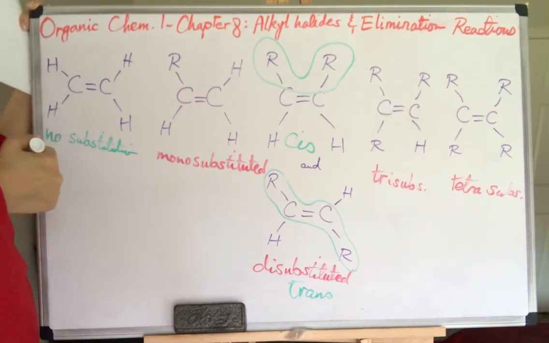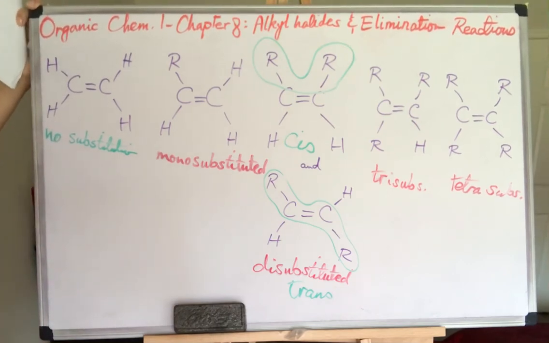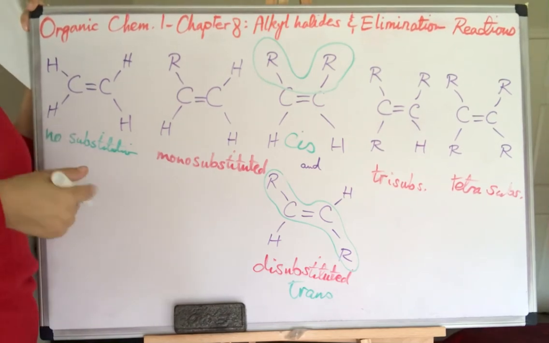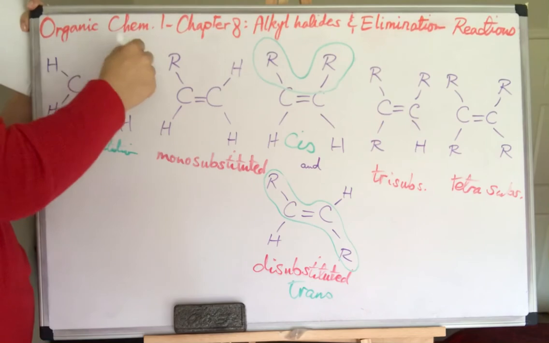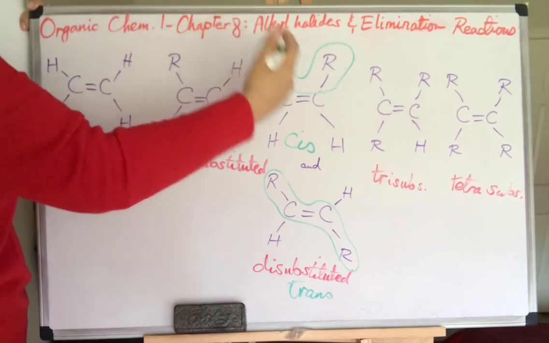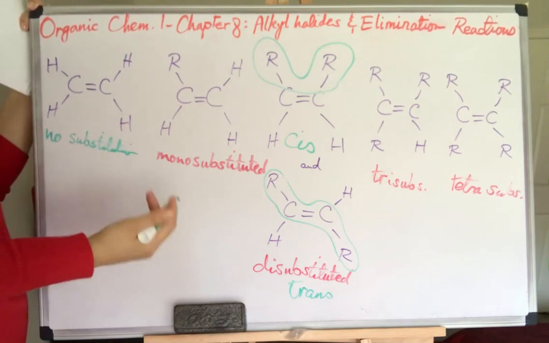Now, as far as the stability, because sometimes we need to figure out which product is the major product. As far as the stability, the more substitution, the more stable the alkene.